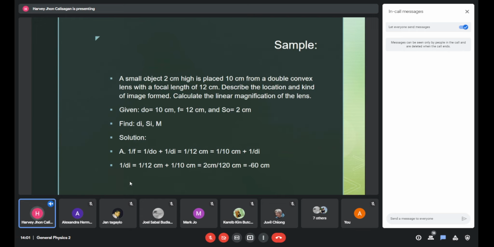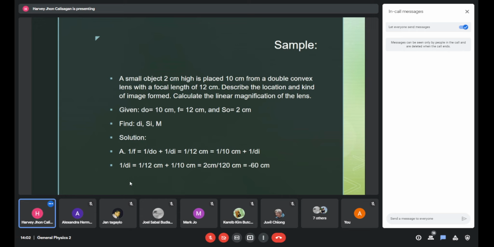So we have 1 over 12 centimeter minus 1 over 10 centimeter is equals to 2 centimeter over 120 centimeter. Again, the 120 here that we're talking about is the greatest common factor of them. So we have 120. So we have 10 times 1 is 10, then 12 times 1 is 12.